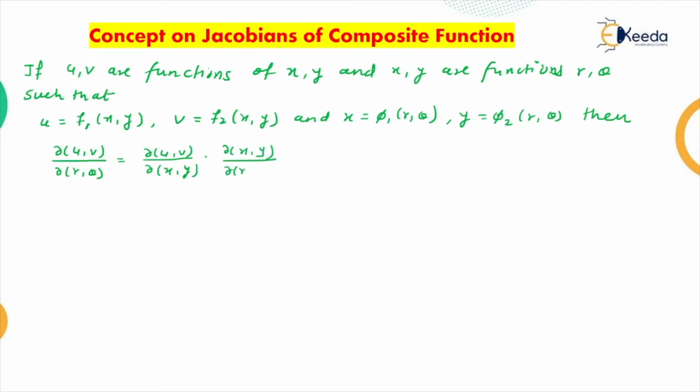So u, v are functions of x, y, and x, y are functions of r and theta. Then u, v are functions of r and theta, so that is called a composite function. I hope you understand this.